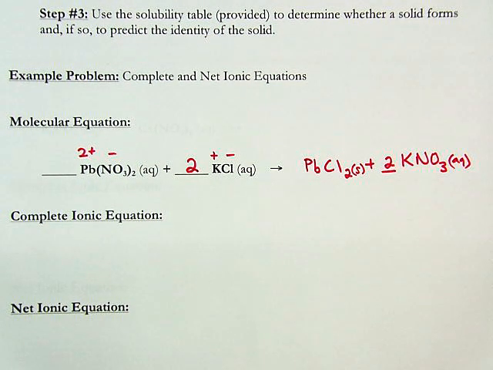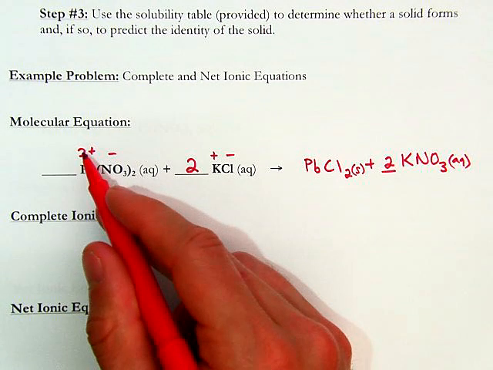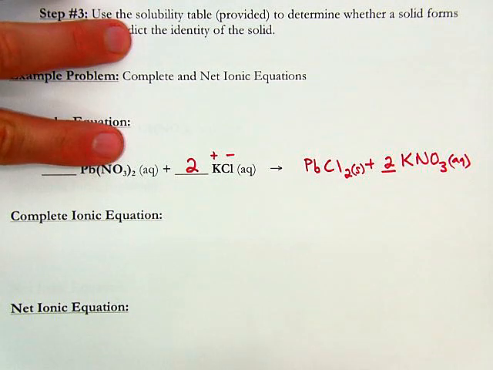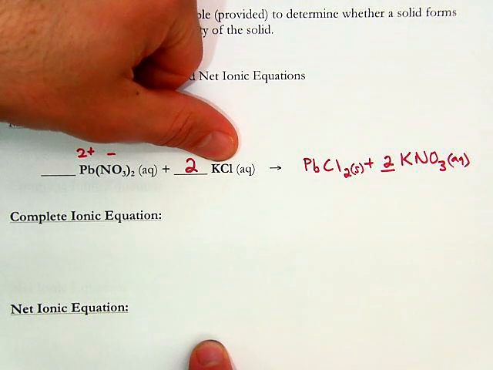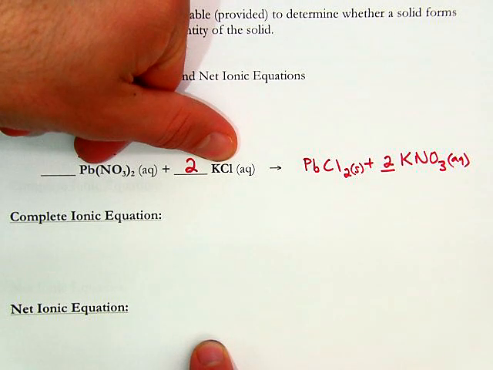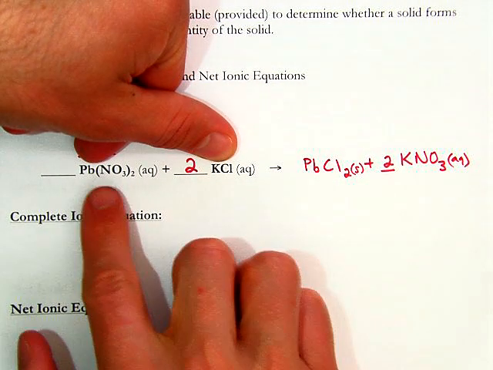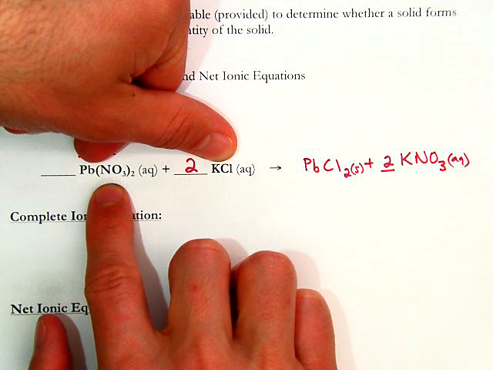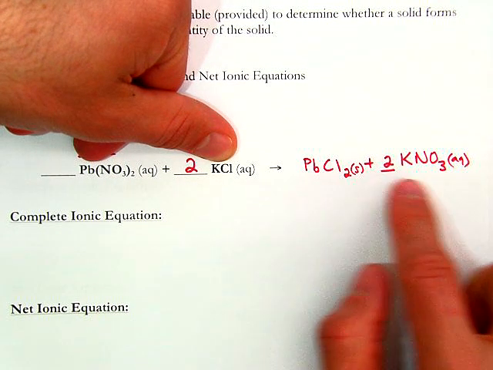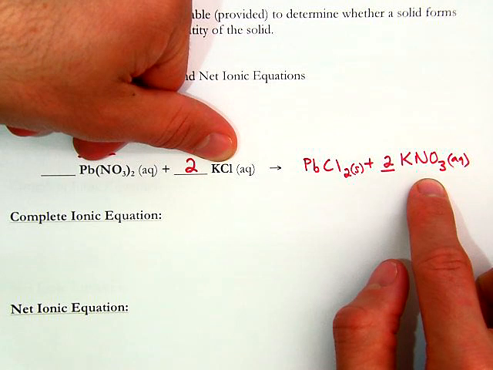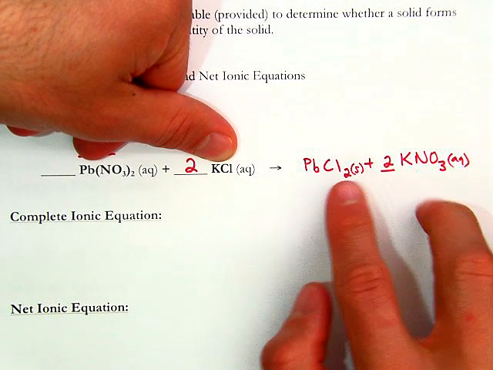Okay, so this is our molecular equation. I know I wrote these charges in here, but really, those charges right there should just be ignored. If we were covering those up, this would be our molecular equation. Pb(NO3)2 plus KCl gives us lead chloride and potassium nitrate. We balanced the equation, predicted it.